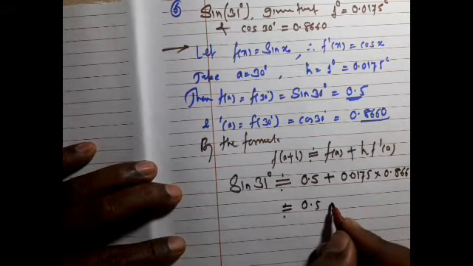Example number 7. Find the approximate value of cos 60 degrees 30 minutes, given 1 degree is 0.0175 radian and sine 60 degrees is 0.8660.